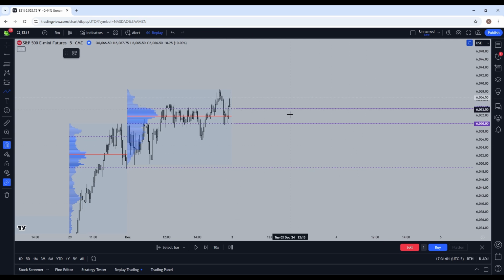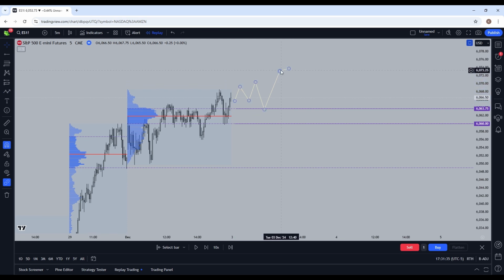There's only a few. And my strategy is, on the open, say it opens above the value area from the prior session, you're going to be looking to long the previous day value area high, which in this case would be like 64. So you would set a limit order at the 64, and then target new high days or wherever you would target higher.